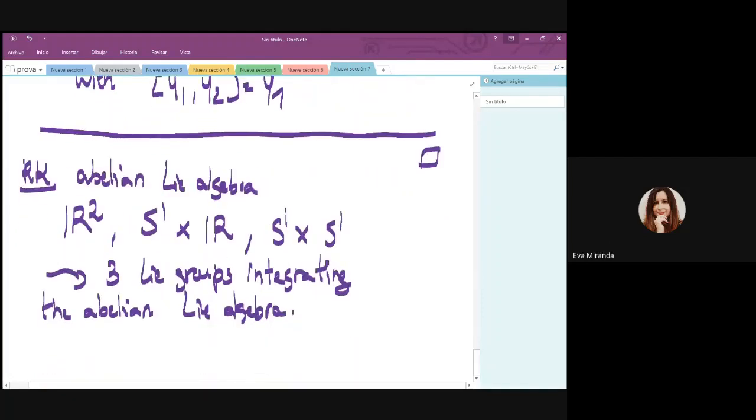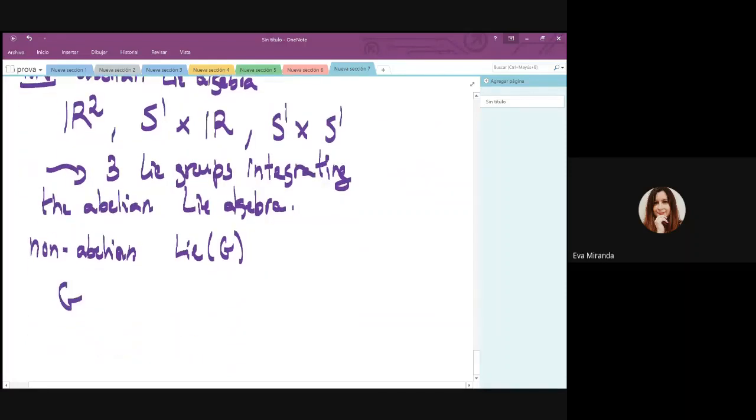And we have the other group as an example of a Lie group integrating the non-abelian one. We have the example with it. In the non-abelian case, we have the Lie algebra of G, where G is the set of matrices.